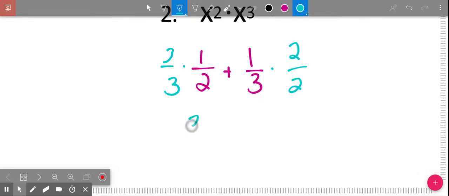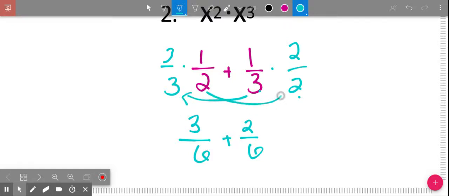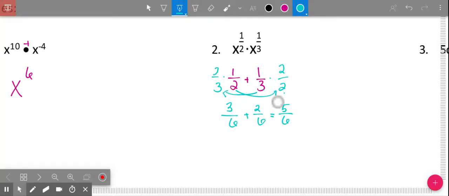So 3 times 1 gives me 3 over 3 times 2 gives me 6, plus 1 times 2 gives me 2 and 3 times 2 gives me 6. Okay, so now I have a common denominator. I just multiplied this denominator over here and the 2 over there. That's where I got those numbers from. I can add those up. 3 plus 2 is going to give me 5 over 6. Okay, so that's going to be my new exponent. So I really have x to the 5/6.